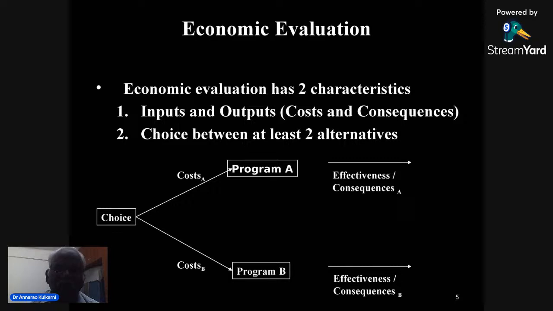So, we have to make a choice. We have to choose either program A or program B. How do we do that? We first analyze the costs of program A and program B, and also the effectiveness of program A and program B. Then we find out the cost benefit or the cost effectiveness ratio, and whichever has got the favorable cost benefit or cost effectiveness ratio, that program we choose.